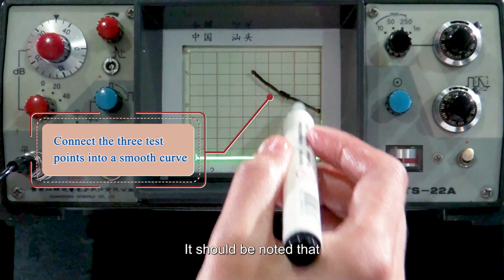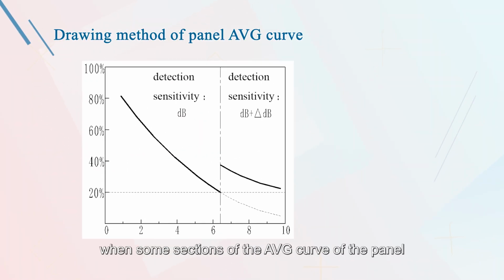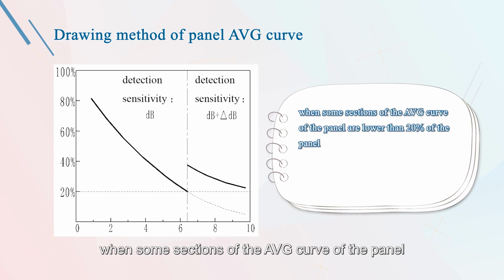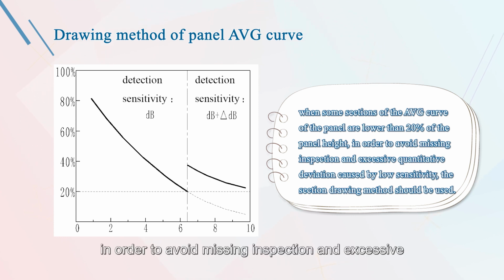It should be noted that according to the relevant standards, when some sections of the AVG curve of the panel are lower than 20% of the panel height, in order to avoid missed inspection and excessive qualitative deviation caused by low sensitivity, the section drawing method should be used.